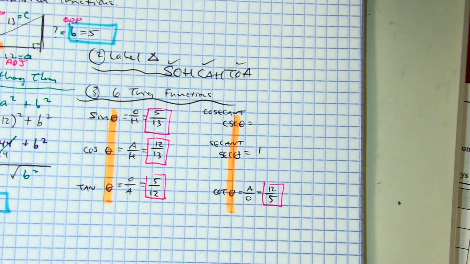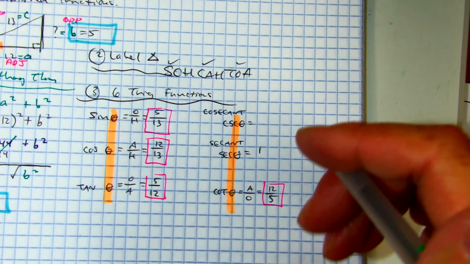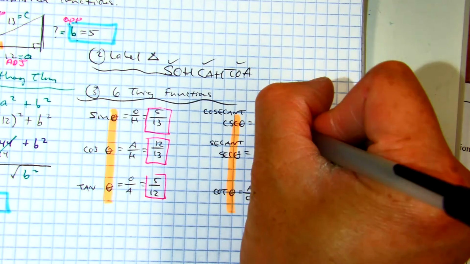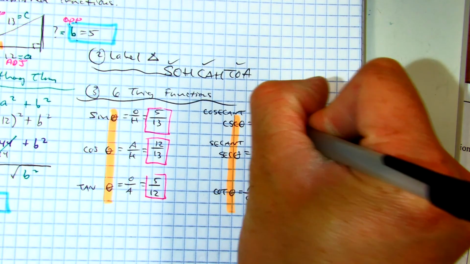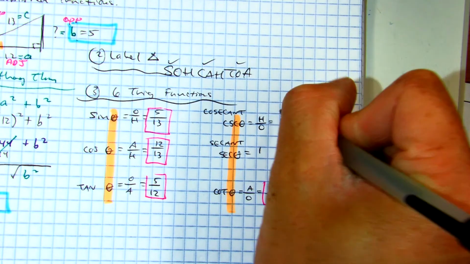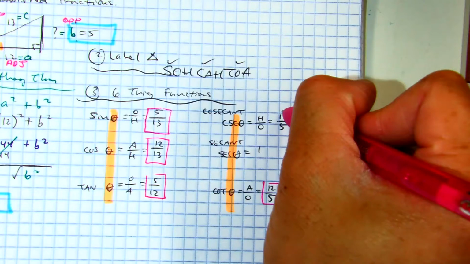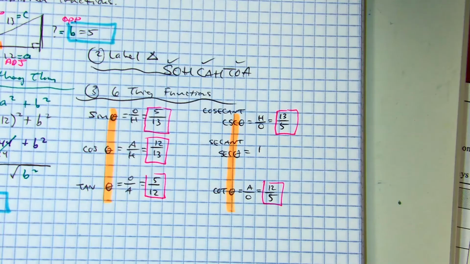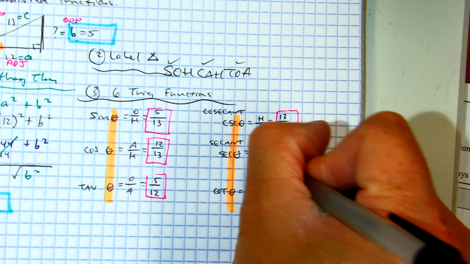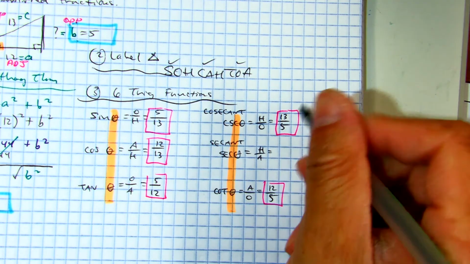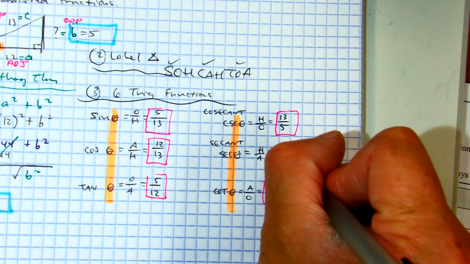Which one do you want to do? Cosecant or secant? Okay? Yes? Good. And the other one, secant? There you go.